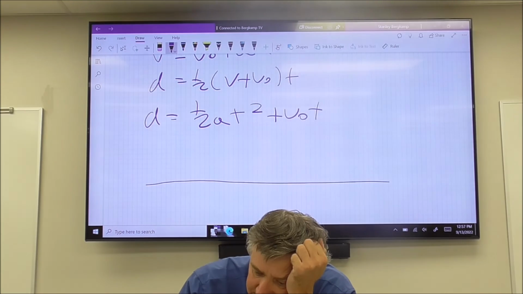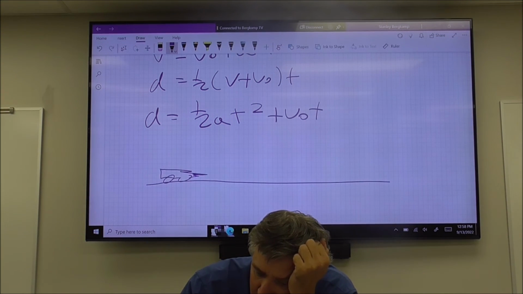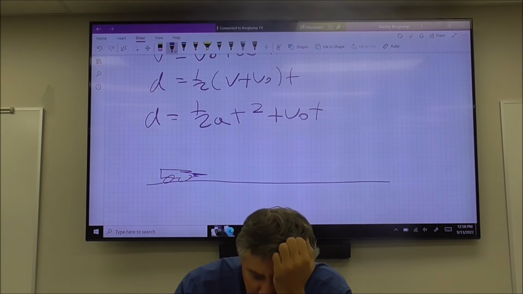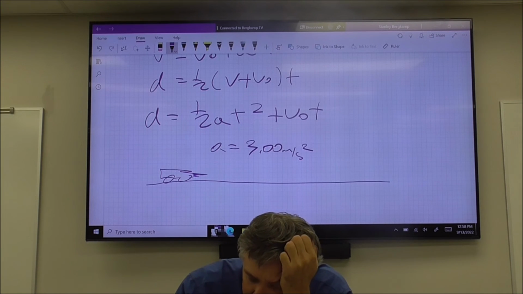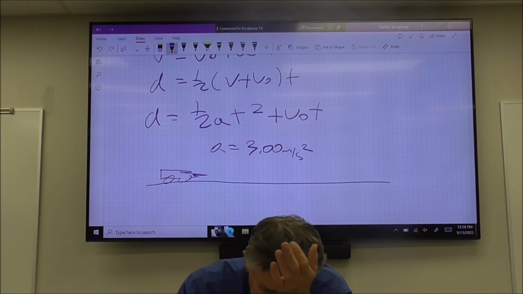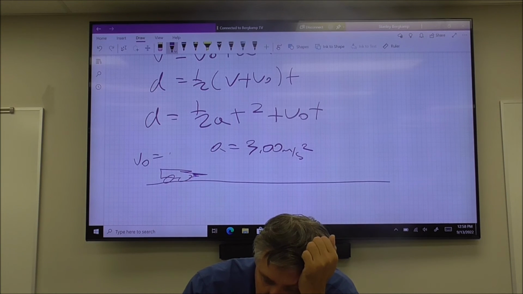You would say, all right, here's Joe Carrot Car. Topher, pick a number between 1 and 5. 3. So the car is going to accelerate at 3 meters per second squared. Zach, pick a number between 5 and 10. 9. Ooh, living on the edge. So the car is going 9 meters per second.